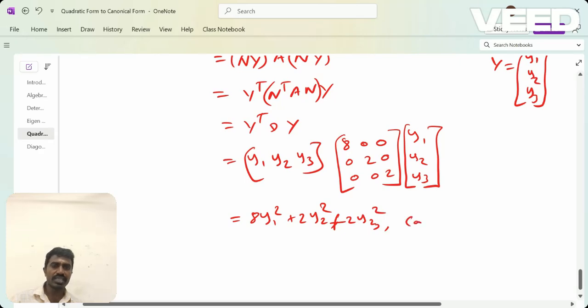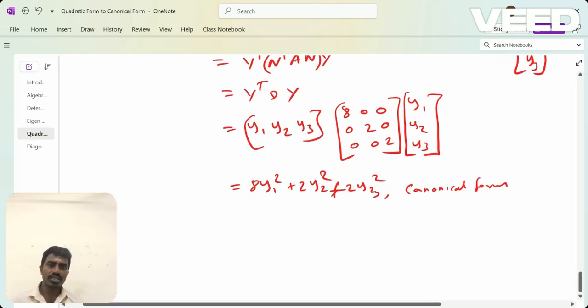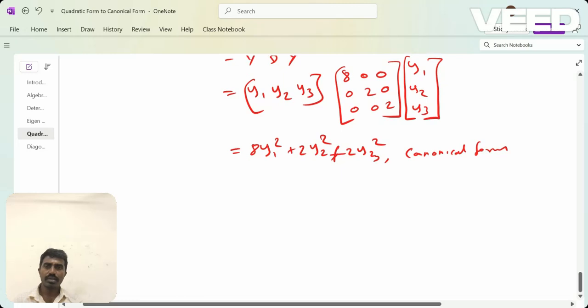This is the required canonical form. The question is to reduce the quadratic form to canonical form. So that part is over.